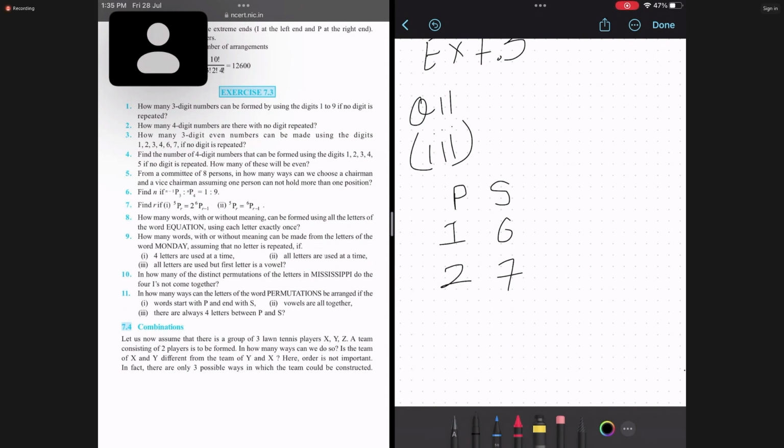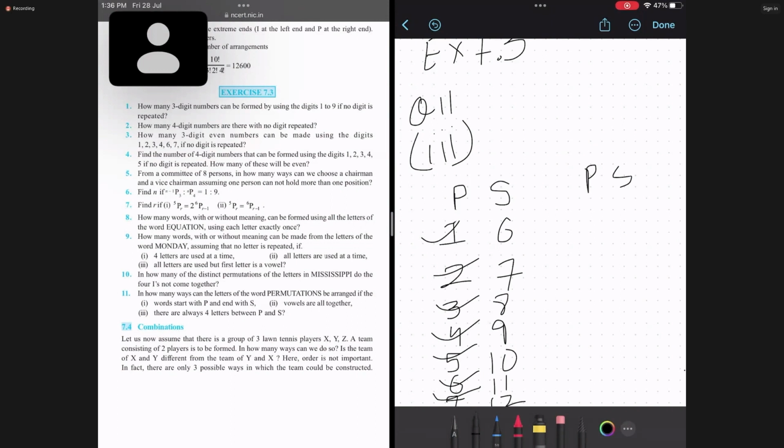Because it has been given in the question that there are always 4 other letters between P and S. So if you go on to enumerate this, 8, 9, 10, 11, and 12, there are 1, 2, 3, 4, 5, 6, and 7 distinct ways you can fill in P and S to occupy positions such that they always have 4 letters between them.